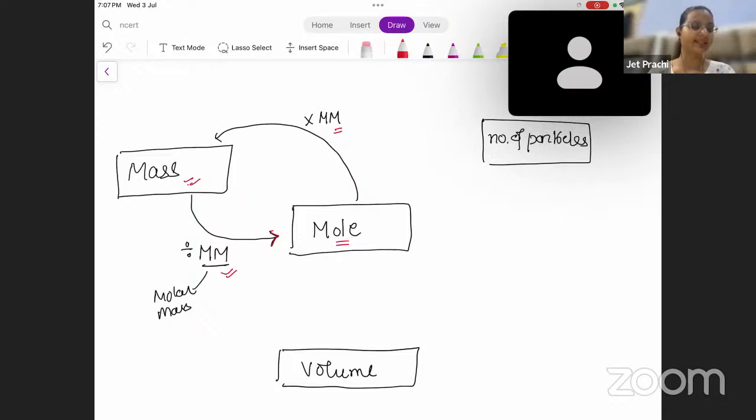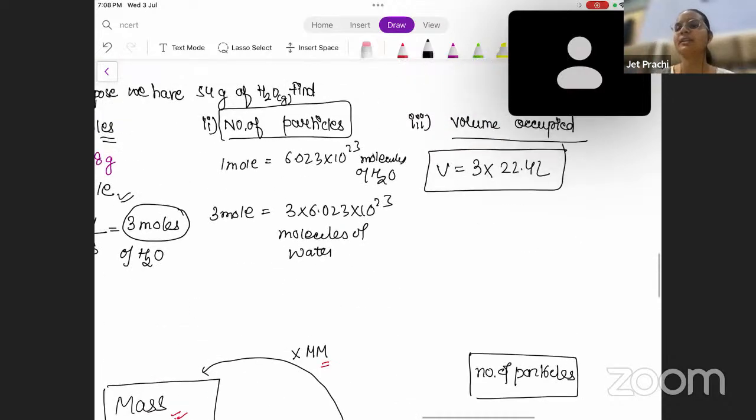Yes, if this thing is clear, then we will move to the number of particles. Now, if the number of particles is given to me, correct?